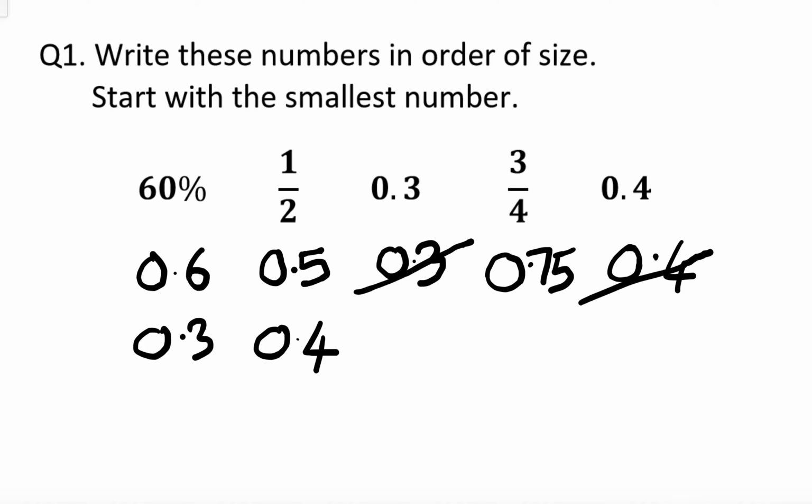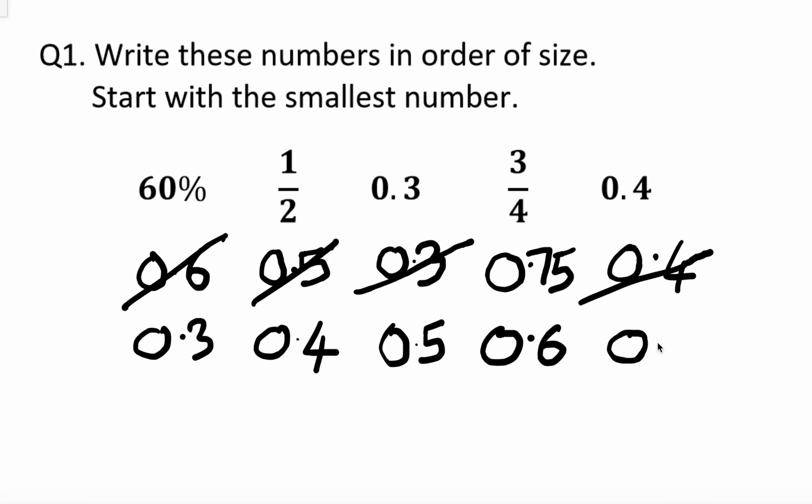And then I think the next one's 0.5. Cross it out. And if we've got 0.6 or 0.75, well, 0.6 is going to be the next one. So we cross it out. And then the last one is 0.75.